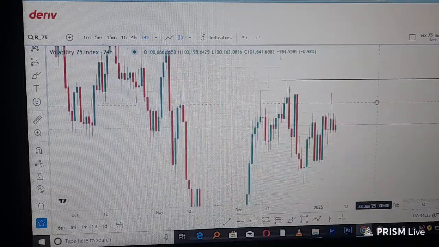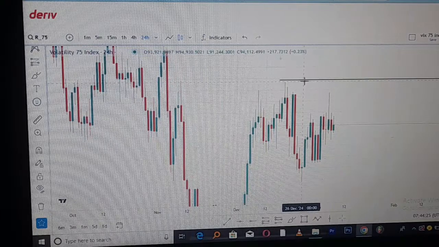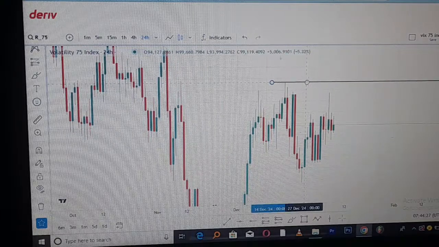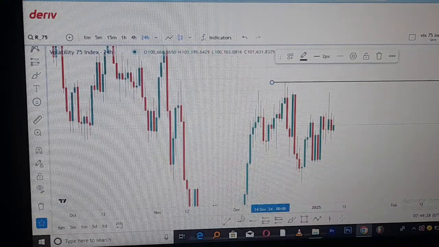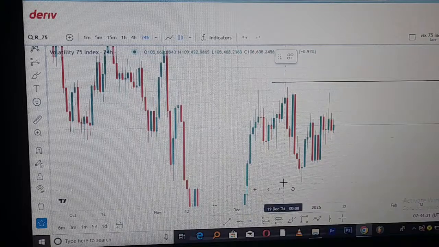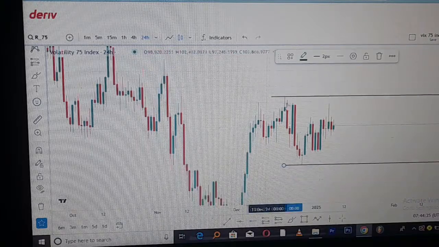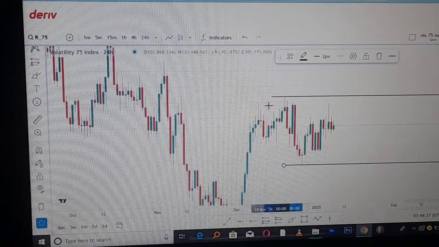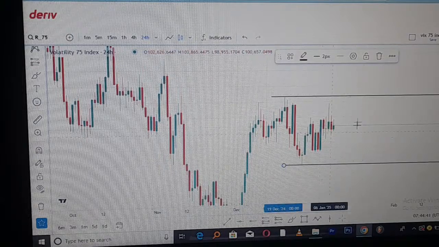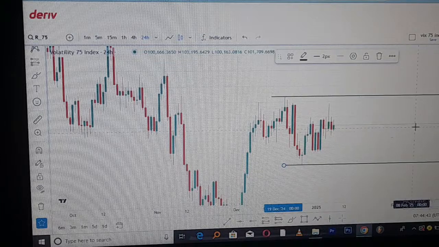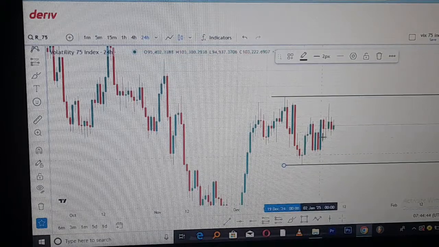Here and down this area is where the market has made its high, and around this area here we have our market low. This means the daily time frame is showing us that we have a high and a low and have not broken anywhere, so we are going sideways. But we scalpers, this does not stop us from making money.